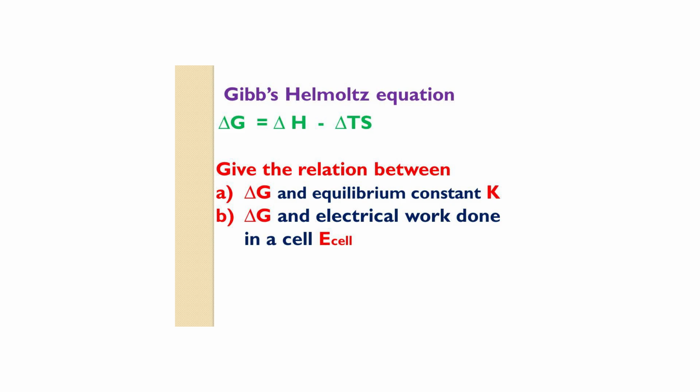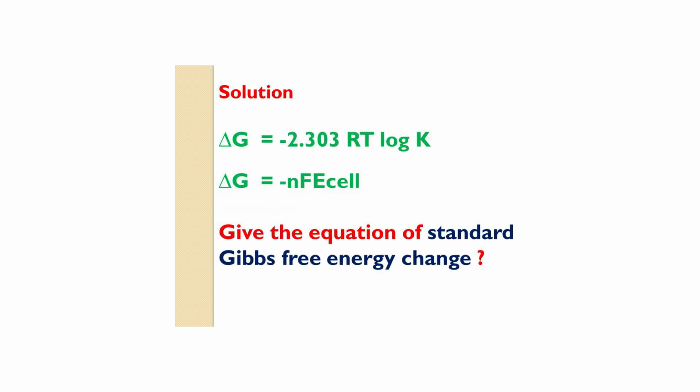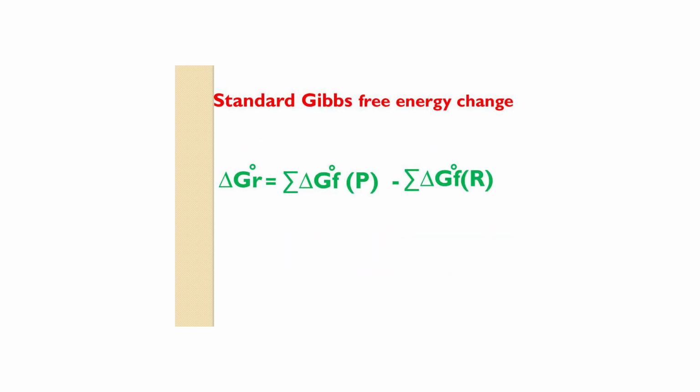Can you give the relation between delta G and electrical work done in a cell? Delta G is equal to minus nF E0 cell. Give the equation for standard Gibbs free energy.